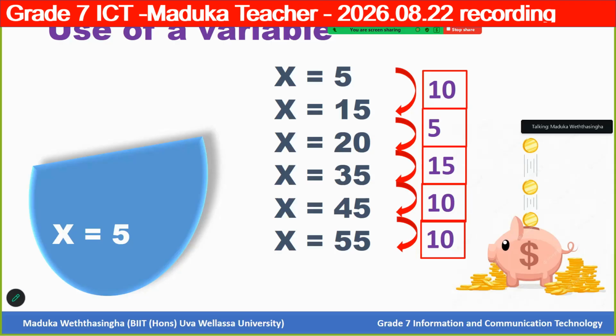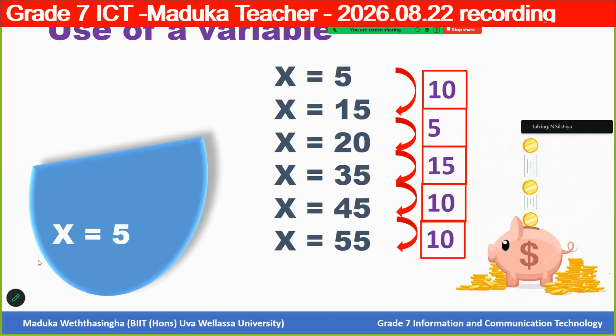Then your father gave you another coin, a 10 rupee coin, and then you put it into the till. Now what's the value in the till?